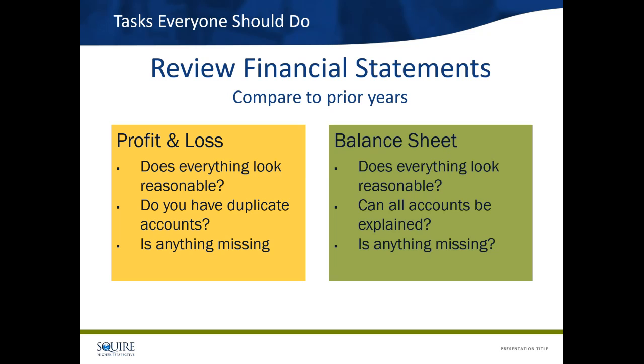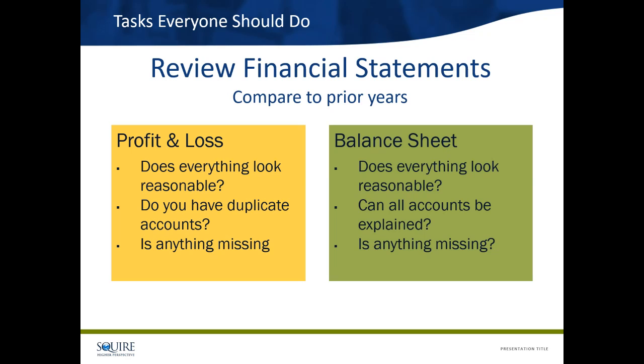This isn't necessarily an exercise to slap yourself on the wrist. It's to just really look at those and see if there are changes from year to year. Do they make sense? Is it explainable? Is there a reason that you had a large expense last year and didn't have it this year, or vice versa?